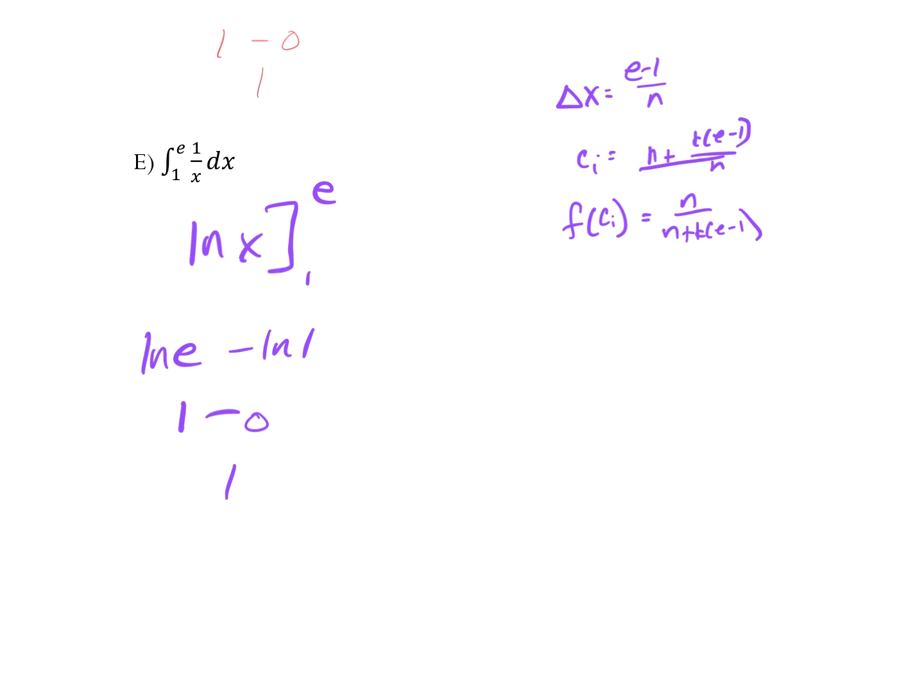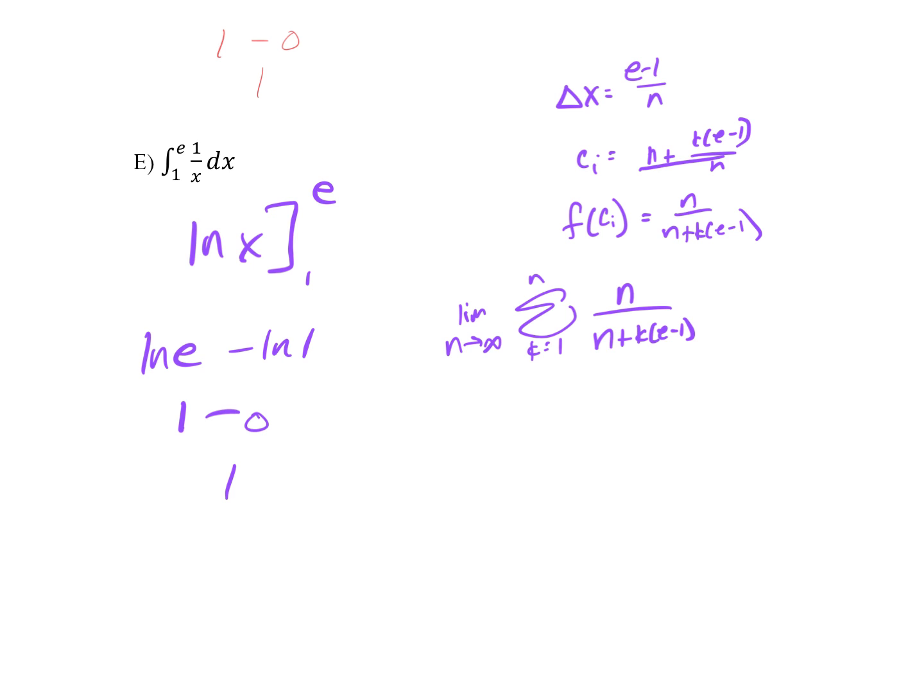Then you would be taking the limit as n goes to infinity of the summation k equals 1 to n of n over n plus k(e minus 1).